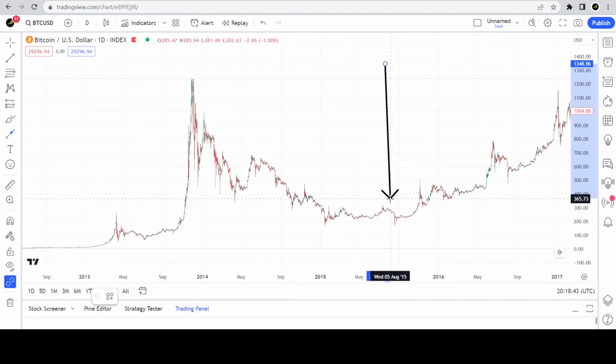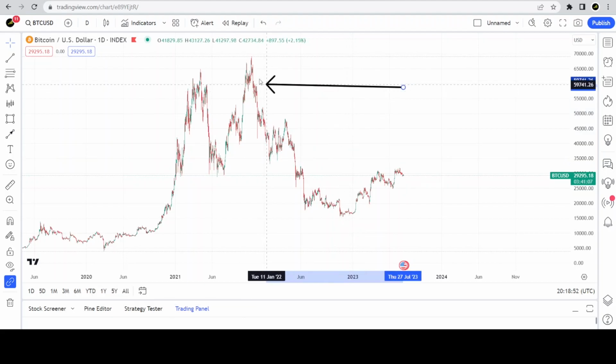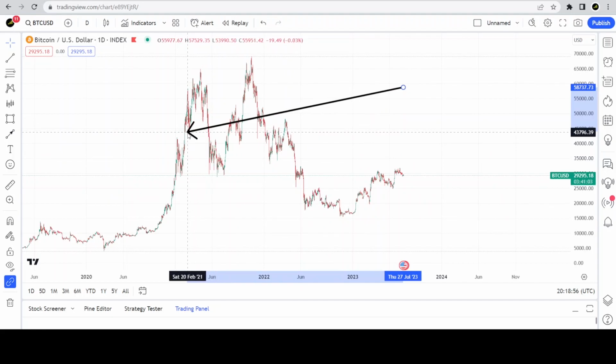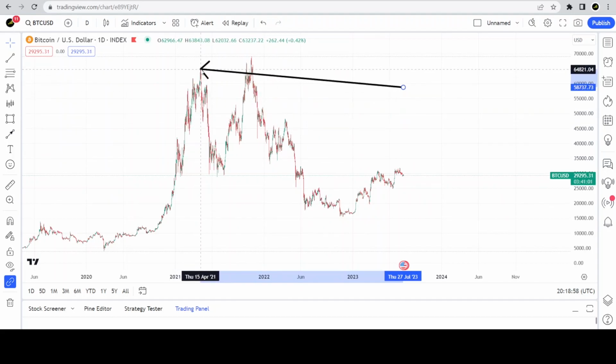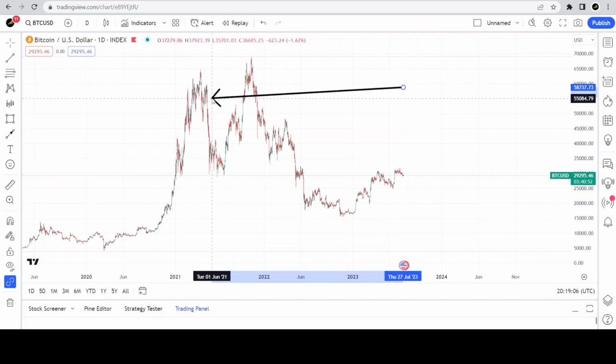So let's jump over to today's chart and see if we can find some similarities. Here we are back at today's chart, and we have the decline that took place. Now, normally this peak right here is higher up in 2013. This one was higher. It took place on a much quicker time frame than it did here.